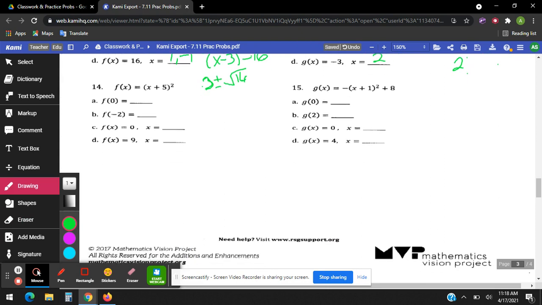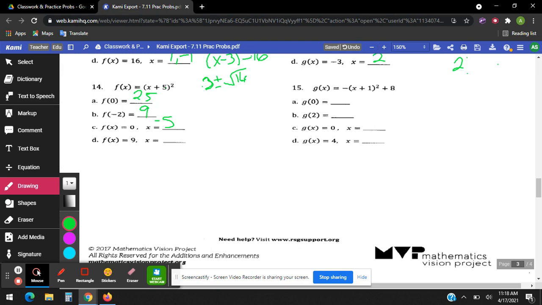X plus 5. 0 plus 5 is 0, or sorry, 5. 5 squared is 25. Negative 2 plus 5 is 3. 3 squared is 9. Now throw in the 0. So h is 5 plus or minus the square root of k, which, h is negative 5. Take that back, it's a plus there.